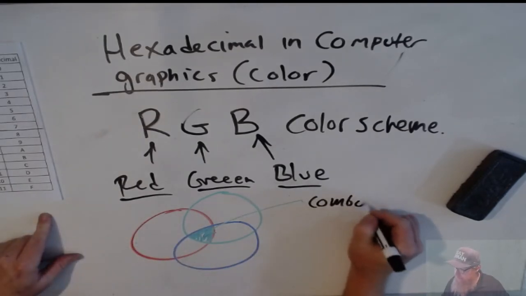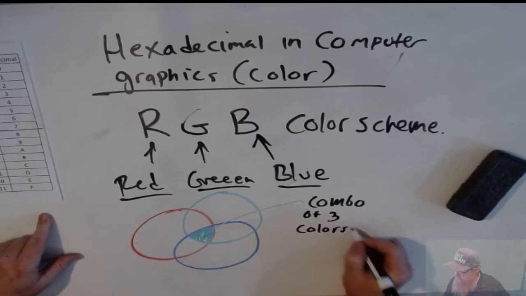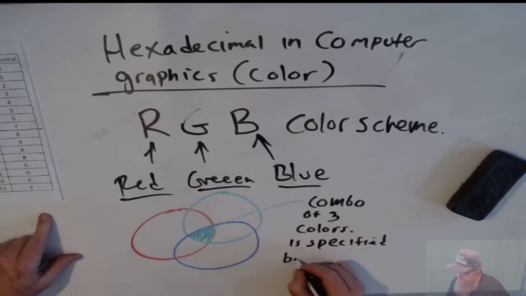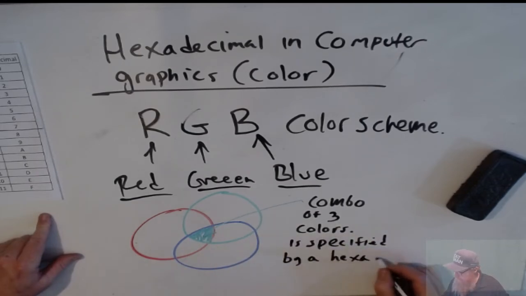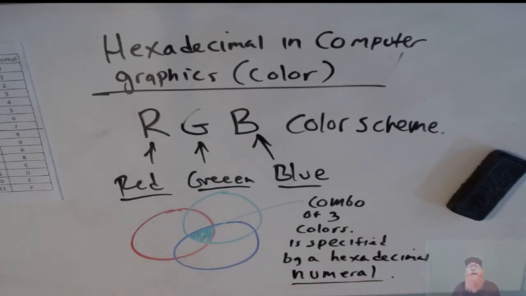The combination of the three colors is specified by a hexadecimal number, or numeral, if I want to be really precise.